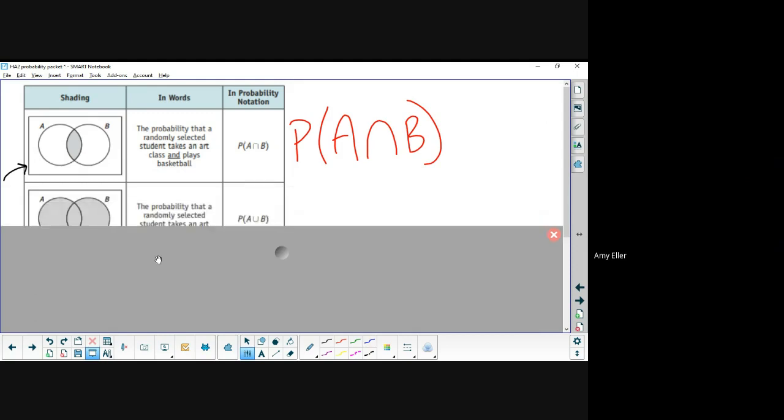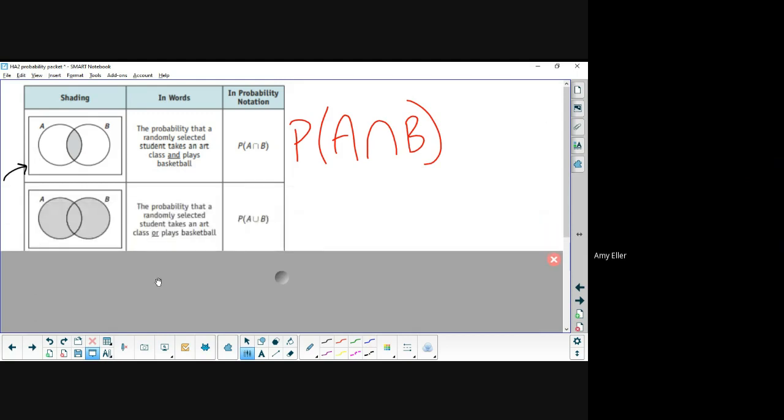Okay, go ahead and draw this picture. Circle A, and then also circle B, all of them. And write down this notation. We do know what this symbol stands for. Does anybody remember? You've used it before.